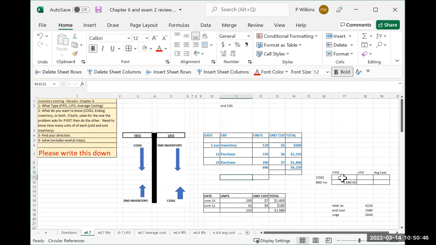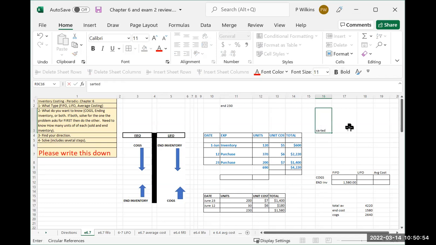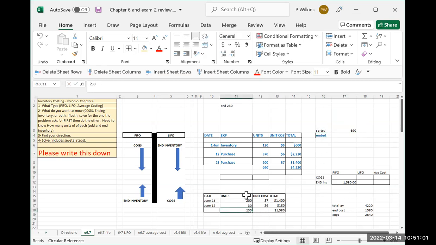So how many units were sold? Well, they don't tell us, but we can figure it out super fast. We started with 690 cars on the lot. We ended with 230 cars on the lot, right? So that means that we sold 460 cars.